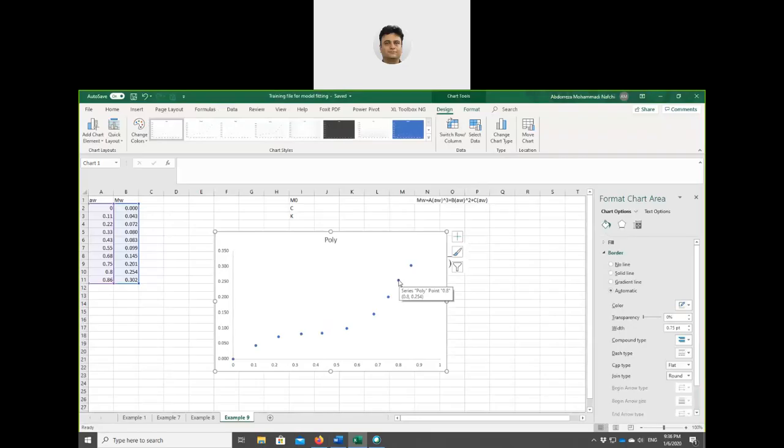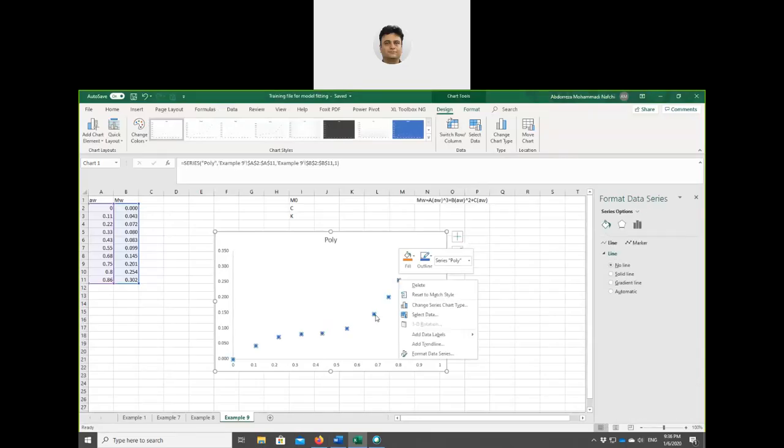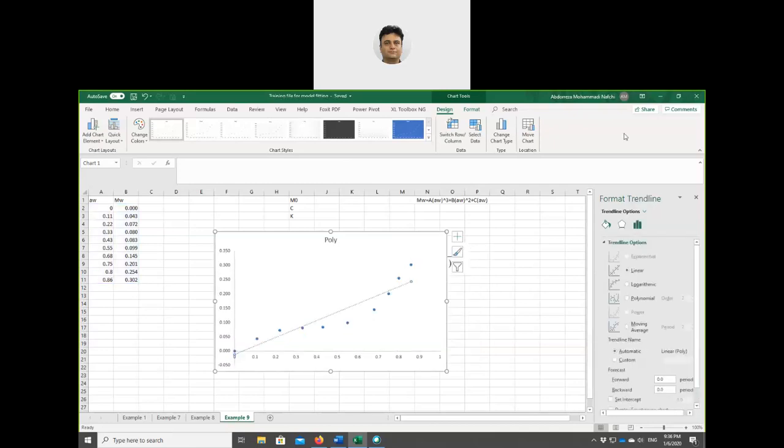So here, again, right click on one of the data points and go to add trend line. In the trend line, instead of linear, this time I choose polynomial. This is the second order, and I want third order.